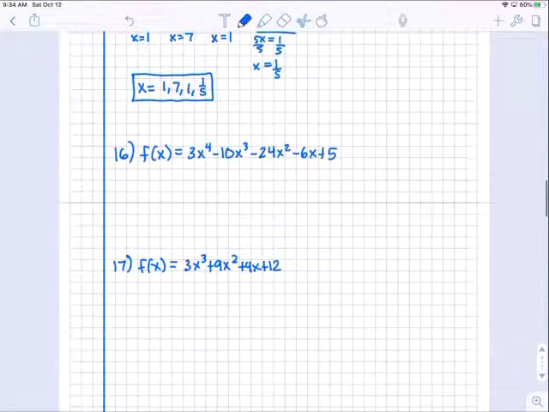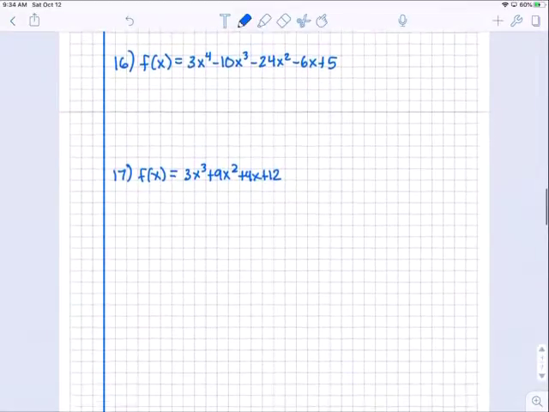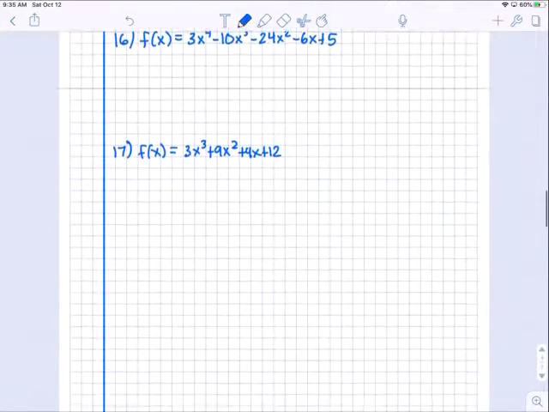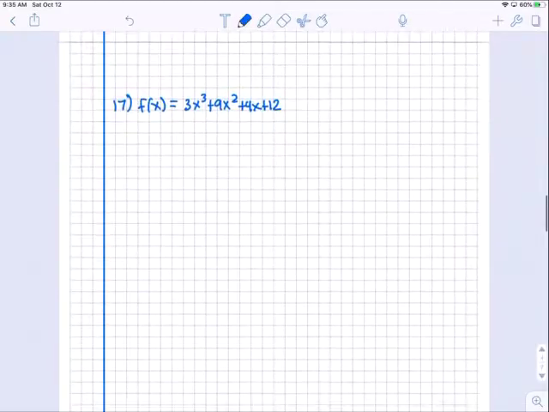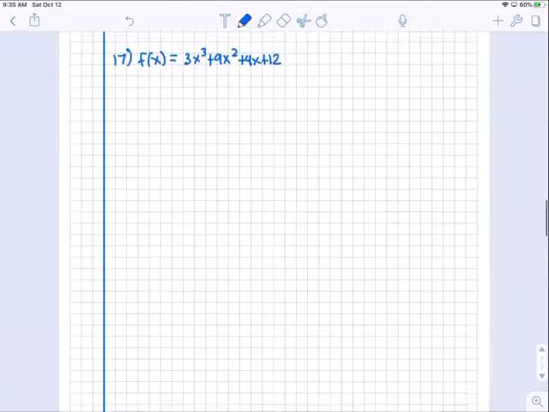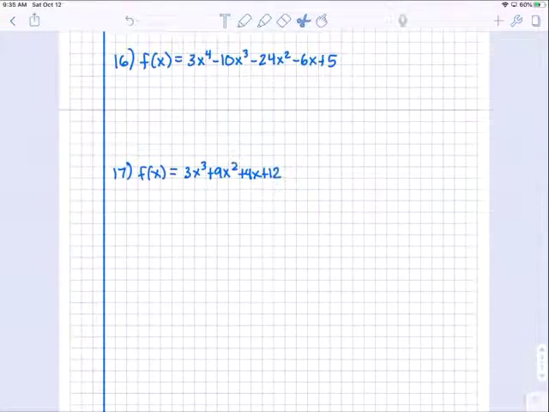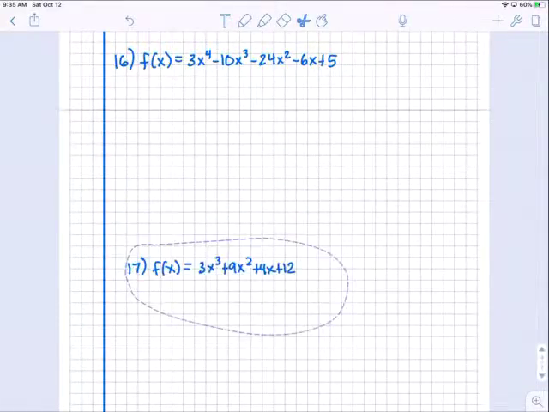Now we are off to number 16. Okay, so here's number 16 on the homework. Alright, so let's take a look at this.